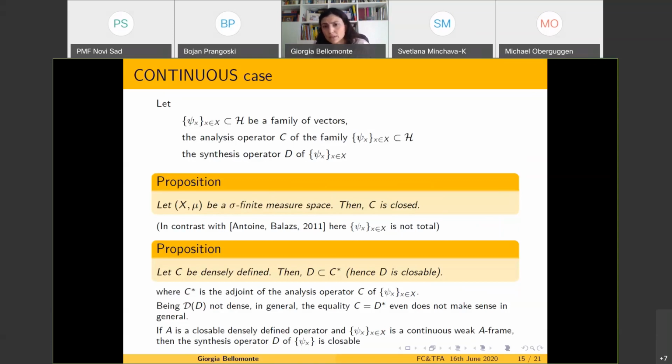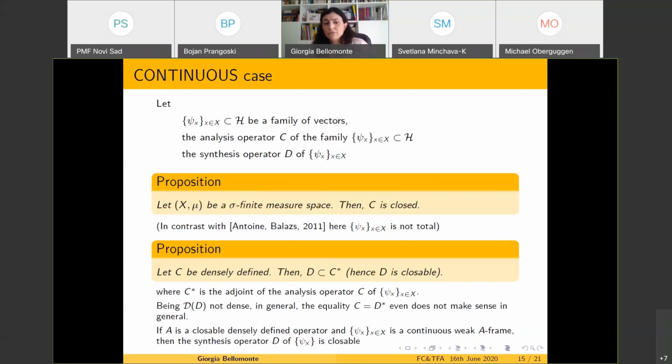However, they supposed that the family psi was total. I don't suppose it. Another thing that we can recover from the discrete case, which is still true in the continuous case, is that if C is densely defined, then the synthesis operator is extended by the adjoint of the analysis operator.